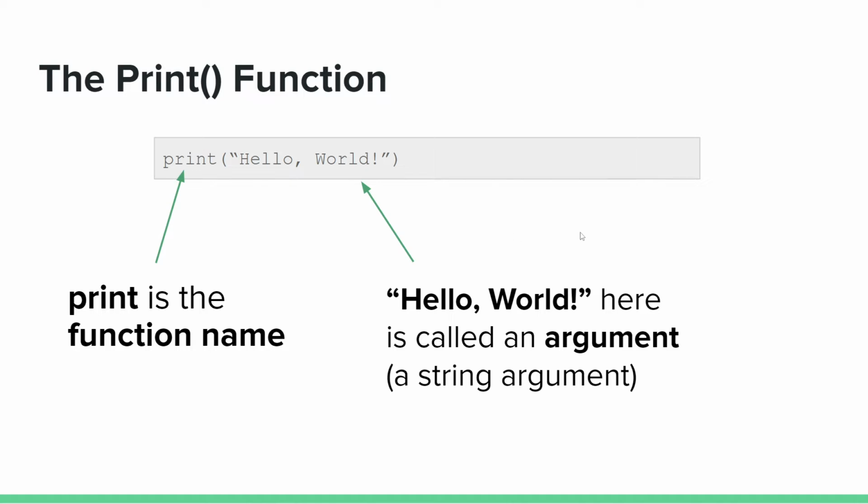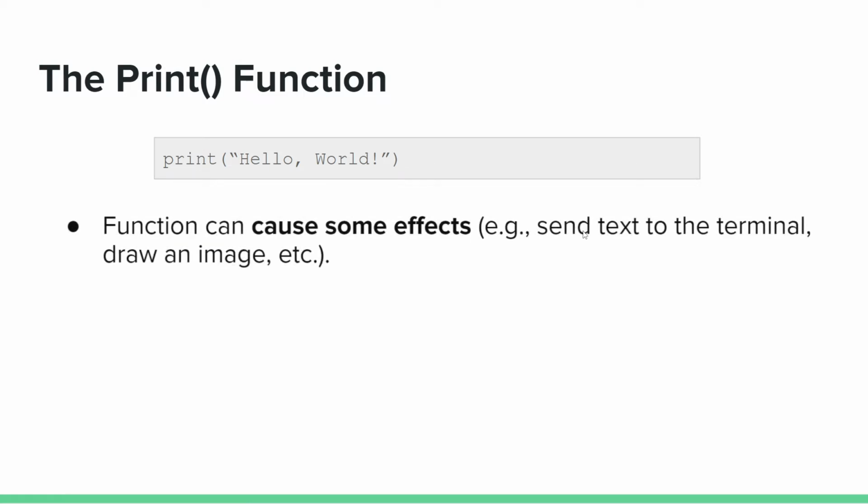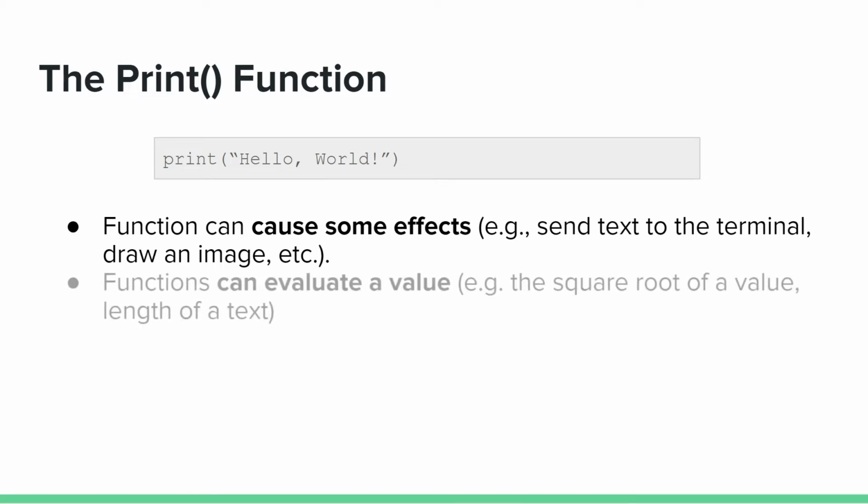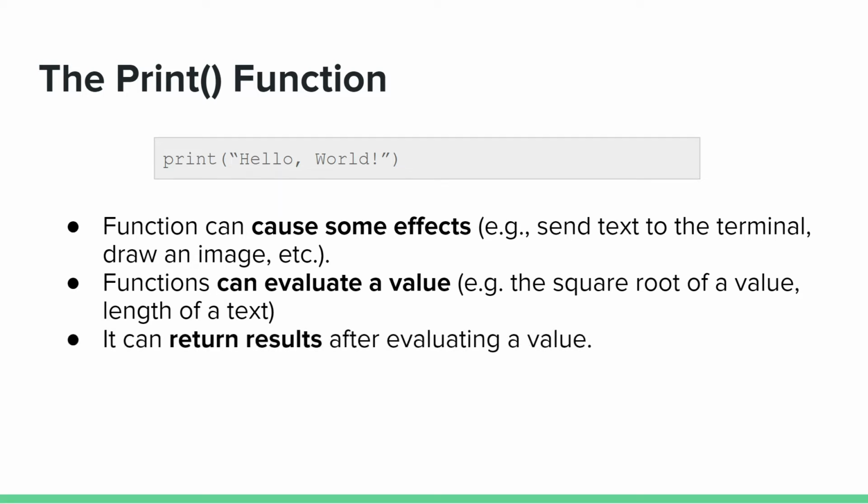Alright, just a quick one, we'll mention some things about functions, although we'll be treating them later on in this tutorial. So what are functions? Functions can cause some effects, e.g. they can send text to the terminal, they could draw an image. Functions can evaluate a value. An example is when you're trying to get the square root of a value or the length of a text. It can also return results after evaluating such a value.